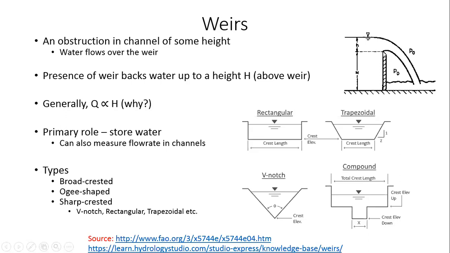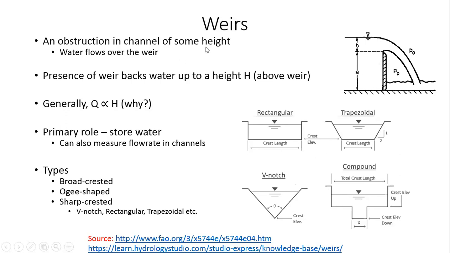On the screen, what you see is a longitudinal view of the flow. If I was looking at the flow from this right hand side towards the left, I would see the shape of the weir, and the shape of the weir can be anything. It can be rectangular, trapezoidal, a V notch or triangular shape, or a compound shape. So all of these different shapes are possible in weirs.